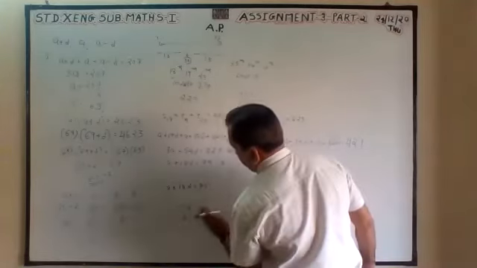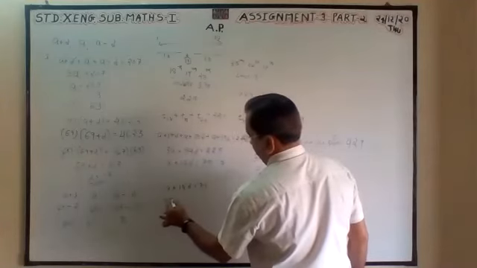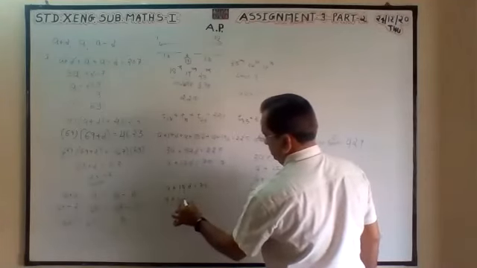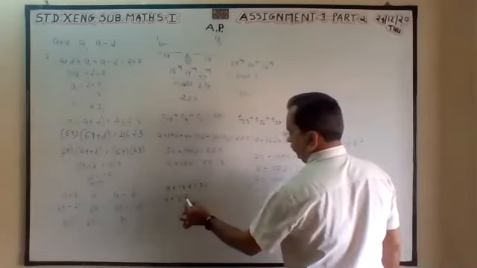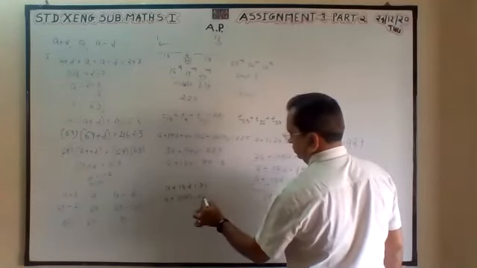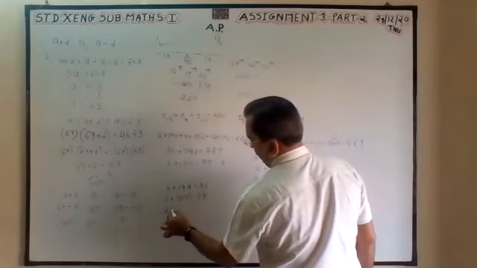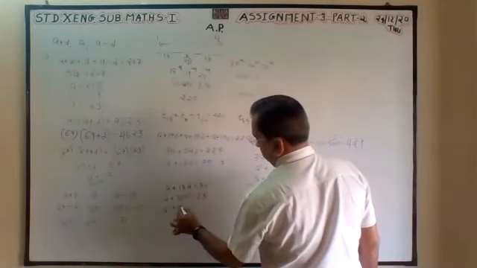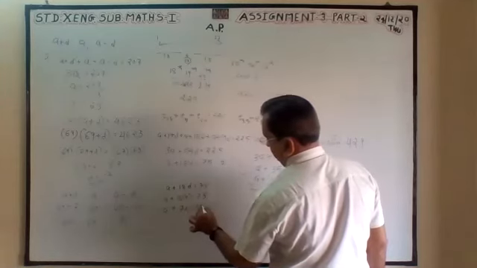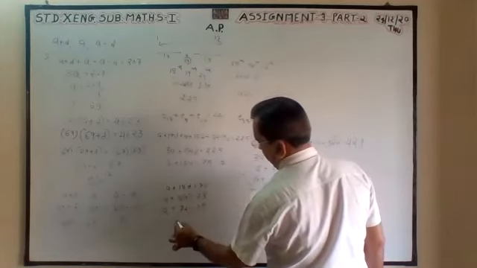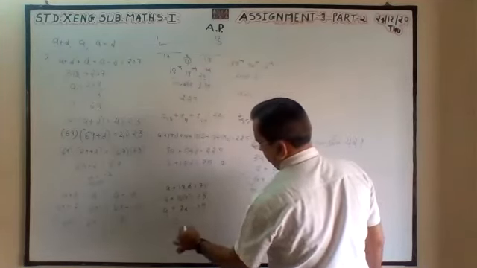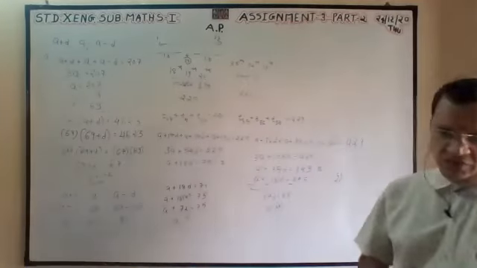Sorry, we got D is equal to 4. Substitute D equals 4 into A plus 18D equals 75: 72, 75. So A is equal to 3. A is equal to 3, D is equal to 4.